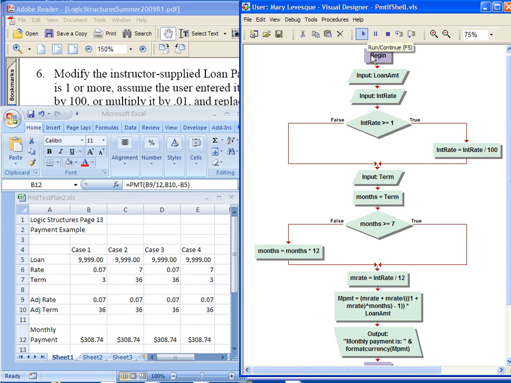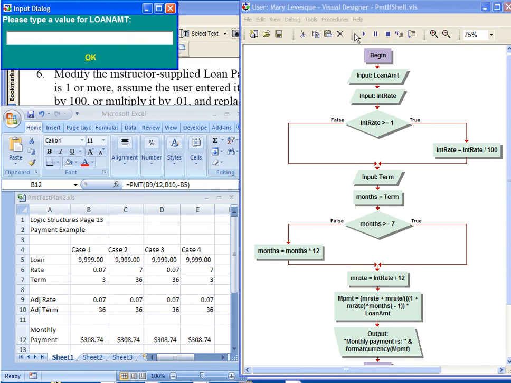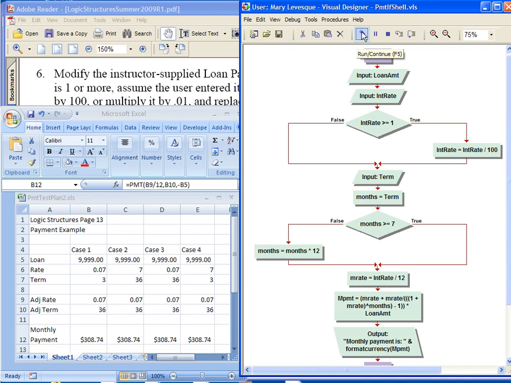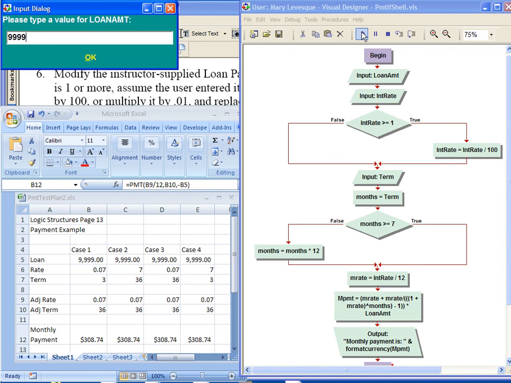When testing, always do a good case or a known case that worked before first. $308.74. So our basic program still worked correctly. Now let's try with case 2.